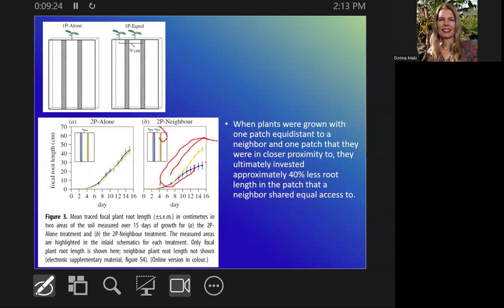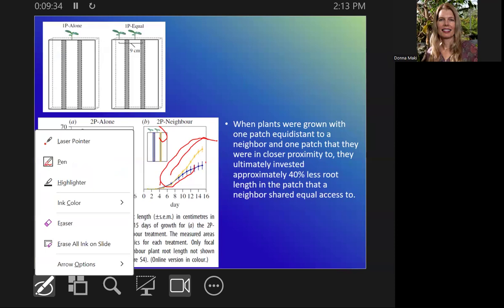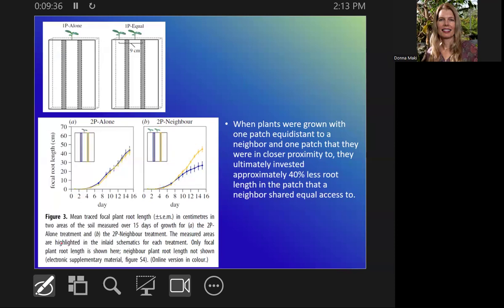So in this study, when they did the calculation, the plant ultimately invested 40% less root length in the patch that a neighbor shared equal access to.